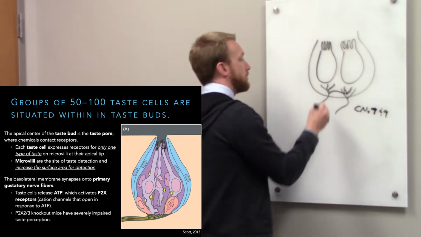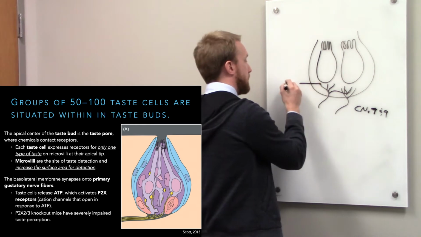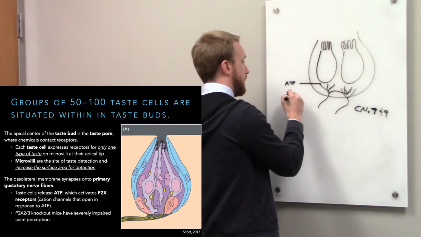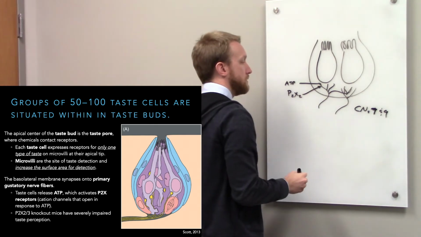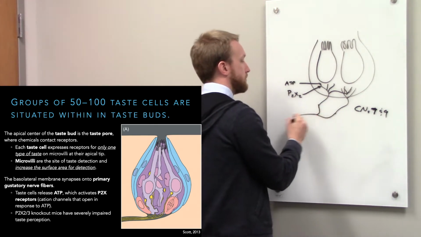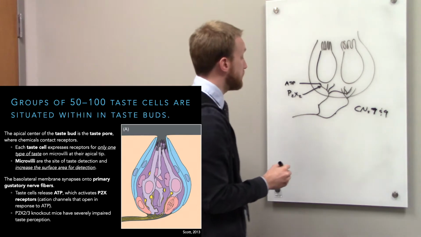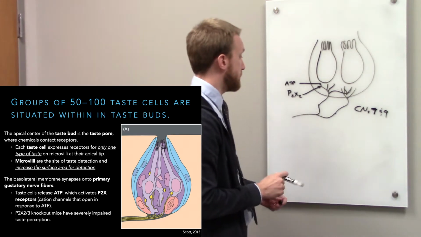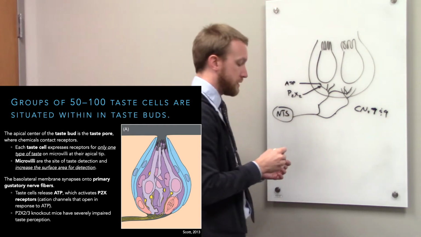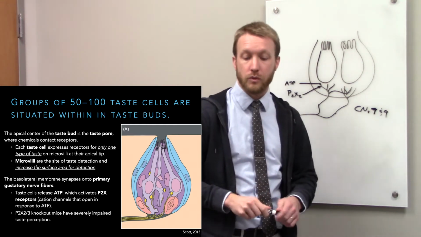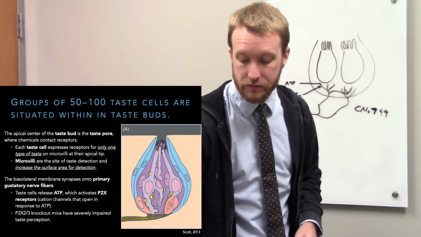The neurotransmitter here that we're going to be releasing is ATP, and that's going to act on purinergic receptors to stimulate our cranial nerve there. This will head back into the gustatory nucleus and the nucleus of the solitary tract, and that will eventually hit the thalamus, work its way up to the cortex to create our perception of taste.